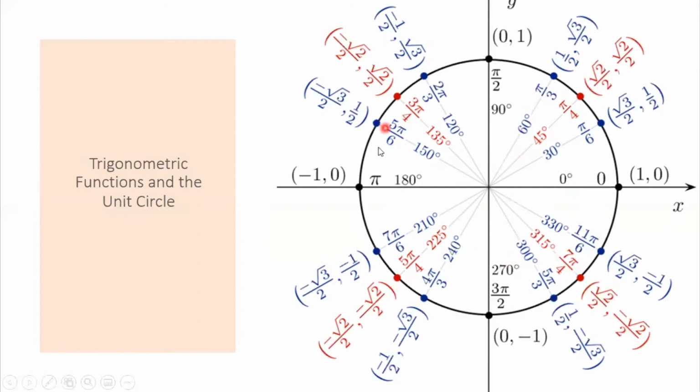Since we are already given a unit circle that has enough data, let's say the trigonometric values, for example, you are asked to find the cosine of 2 pi over 3. Where is 2 pi over 3?